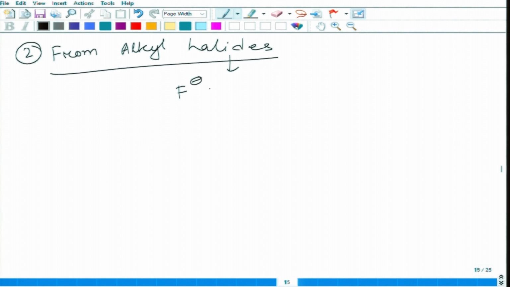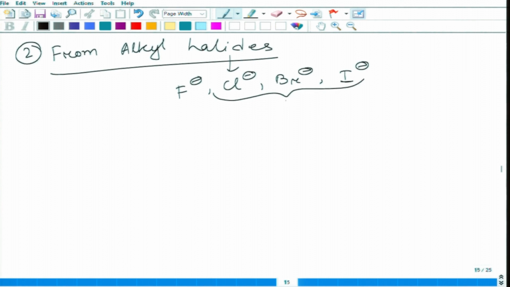Halides are fluoride, chloride, bromide, iodide. Generally, we don't consider fluoride because the reactivity of fluoride is quite different from the other halides.